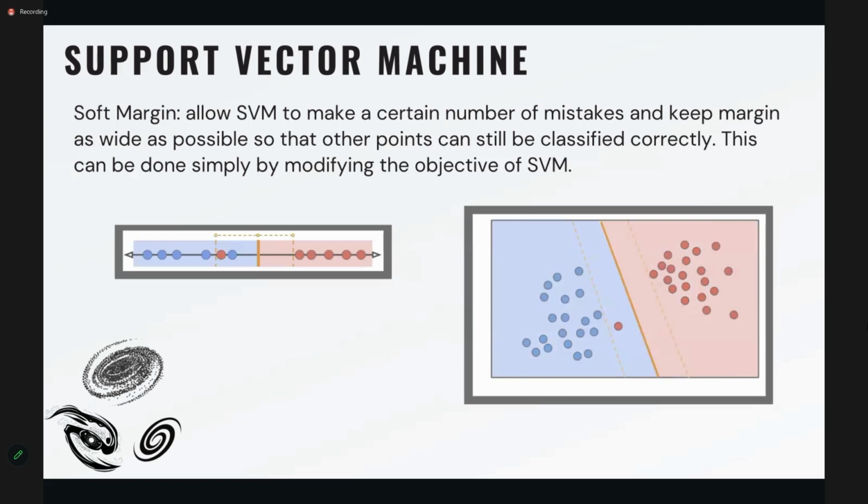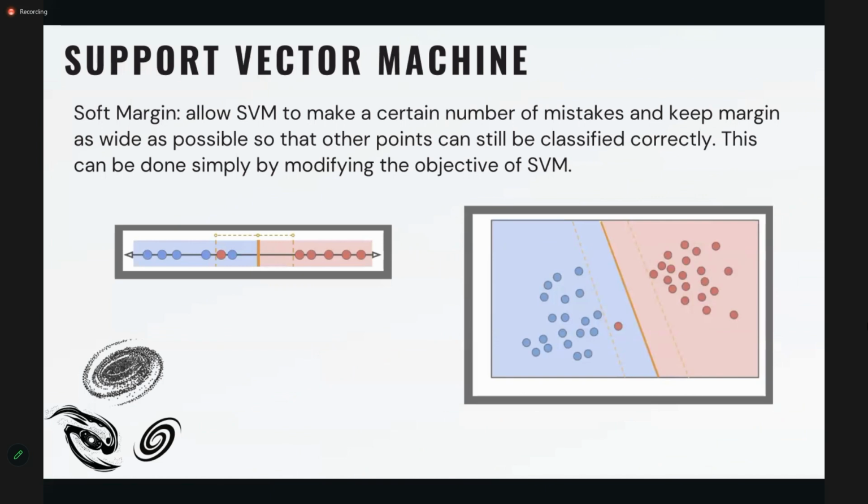But if we have some galaxies located in another location, in this variant we use a soft margin, which allows the support vector machine to make a certain number of mistakes and keep the margin as wide as possible so that other points can still be classified correctly.